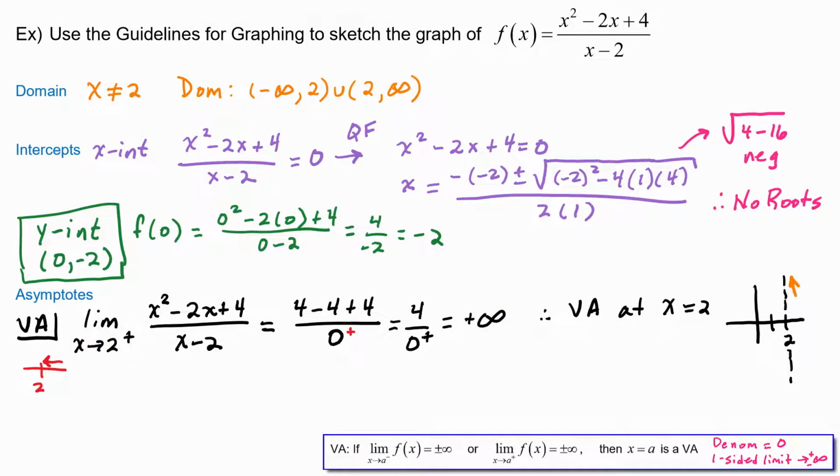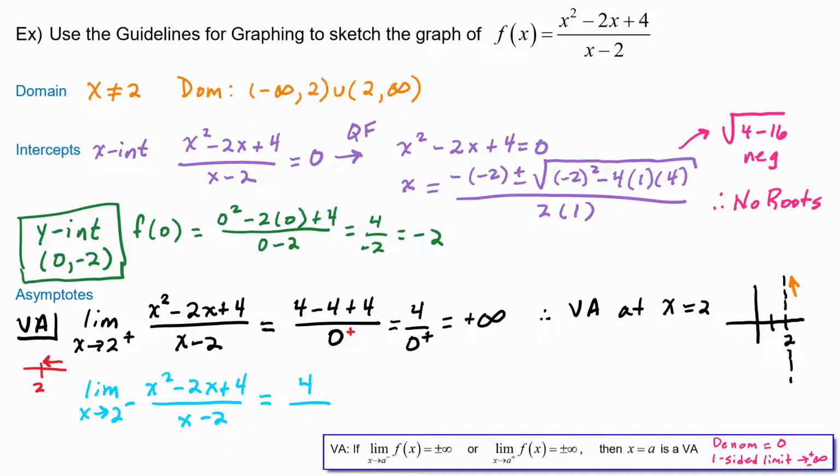Now, if we look at the limit as x approaches 2 from the left of x squared minus 2x plus 4 over x minus 2, of course, the numerator, we know already, is 4.